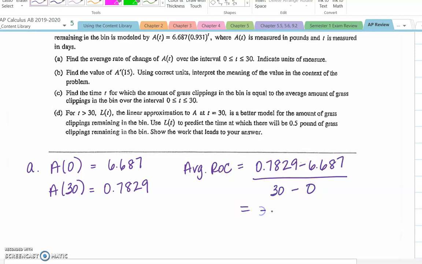So the value of the average rate of change is negative 0.1968. And then the next step is to come up with the units. Your numerator is collecting pounds because these are values of A. So pounds minus pounds is going to give you pounds. And then your denominator is days. So the unit here is pounds per day.